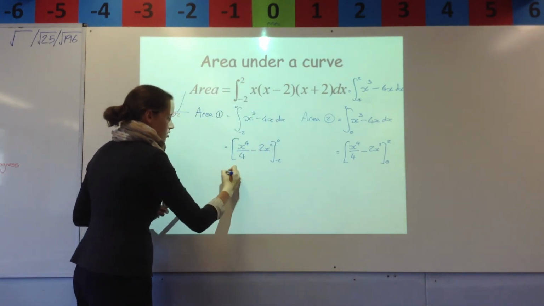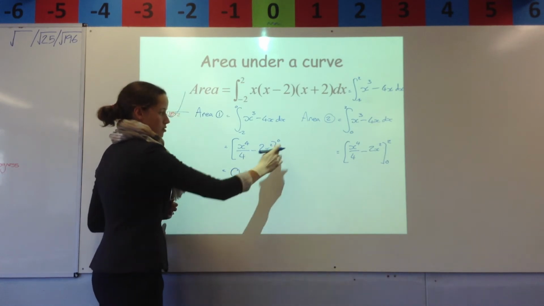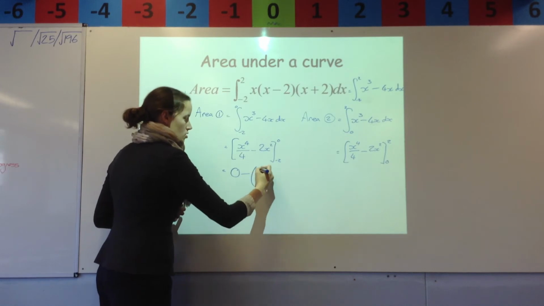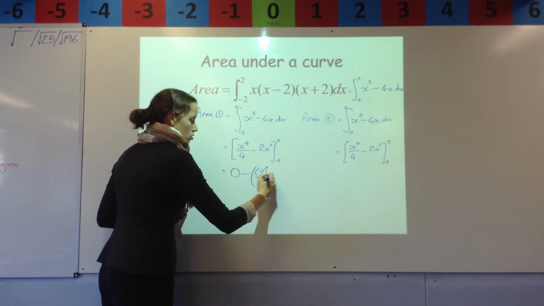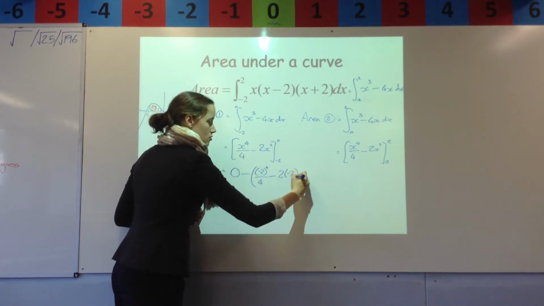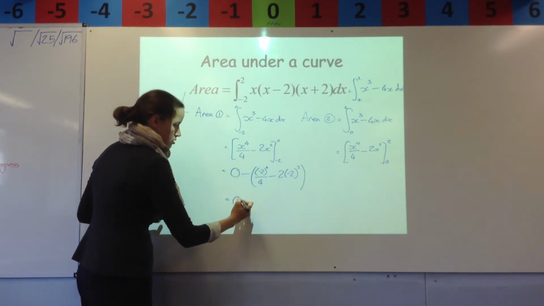Now here, we're going to substitute in the 0, well that's just going to give us 0. And now we're going to substitute in the -2. So that's our -2 to the power of 4, all over 4, minus 2 times -2 all squared. Okay, and we're actually going to work it out this time.